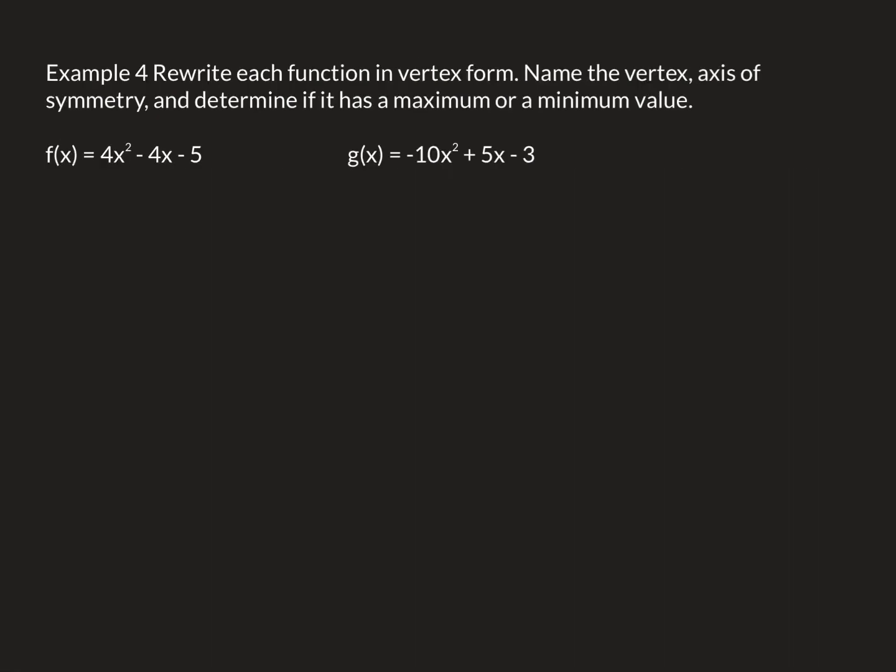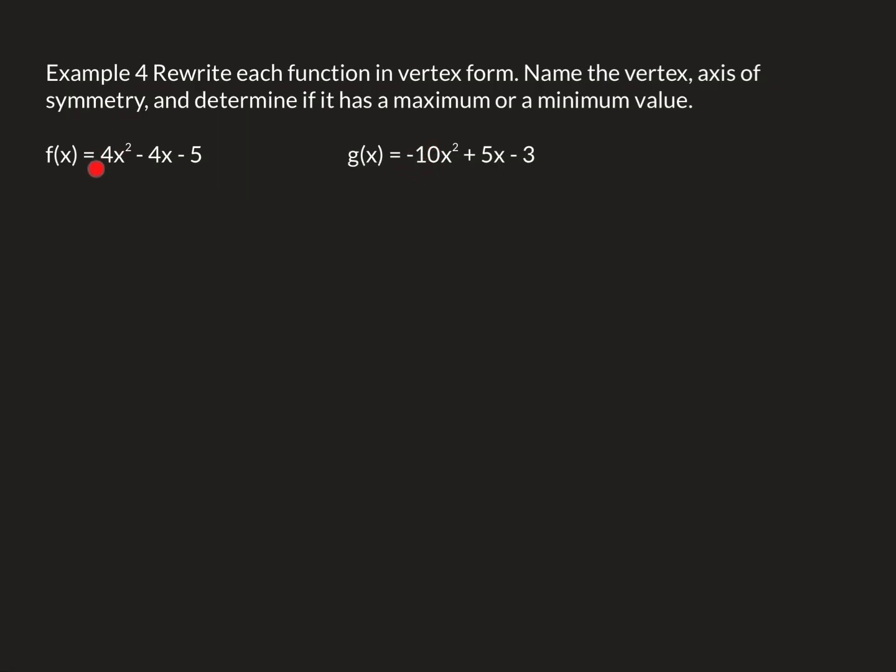Last example, example 4, I have 2 problems to do here. It says rewrite each function in vertex form, then name the vertex, axis of symmetry, and determine if it has a maximum or a minimum value. And I want to point out right away that we can tell now if this has a maximum or a minimum value. This parabola points up, this parabola points down.